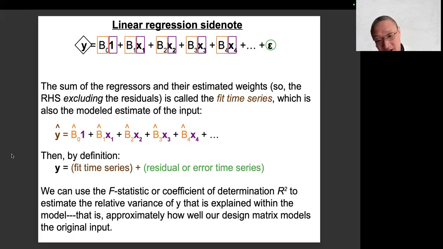That F statistic tells us about the overall evidence among all the regressors, how much you can explain. A little bit more explicit is the coefficient of determination, R squared, which looks at it from another angle. That's basically the percentage of the variability that can be explained by all the regressors we put in the model.